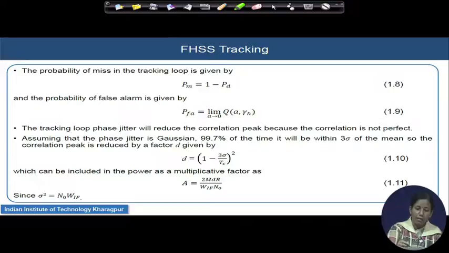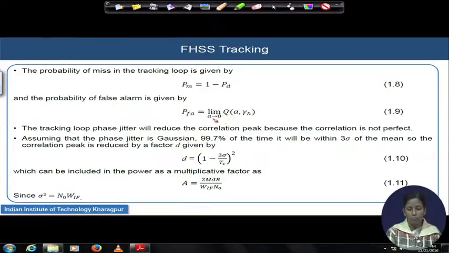The probability of false alarm is obtained by taking the limit of this function as a tends to 0. The tracking loop phase jitter will reduce the correlation peak, because the peak is not perfect; because of the remaining offsets you can never actually hit the peak. Because of the jitter you may be close to the peak, but you end up with some residual error.